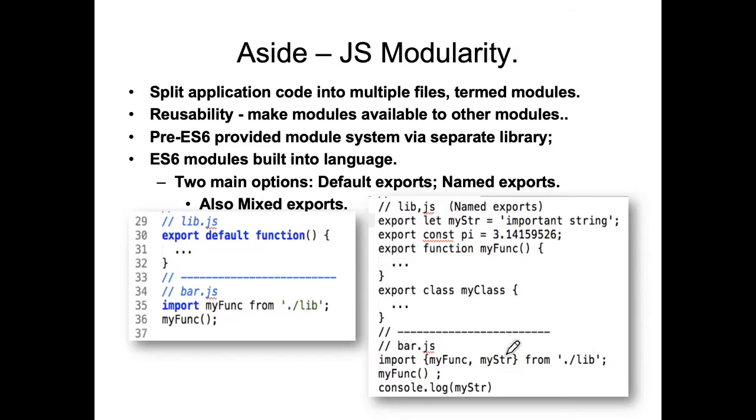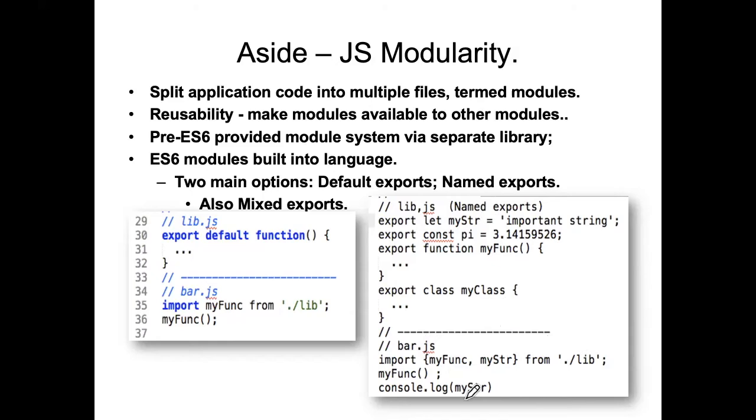And in another file, then I want to use some of them. In this file here, it looks like I'm only interested in the function and the string that were defined above. So here's the import statement syntax. You've got to wrap the things that you want to import in curly braces. And we have our from keyword and we have our relative path name to the file.